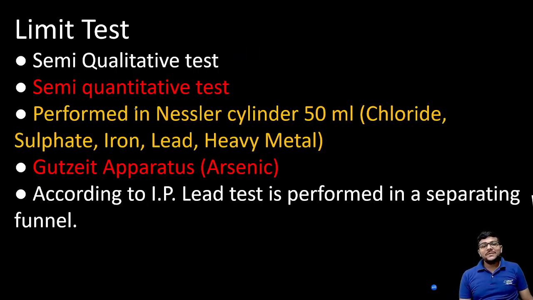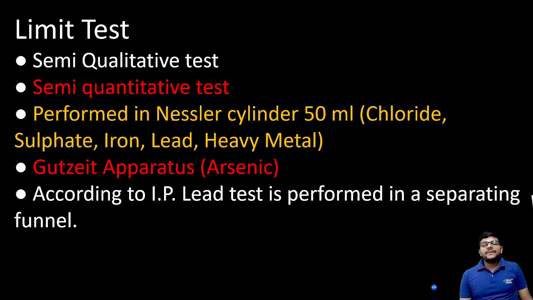Basically limit test is semi-qualitative and semi-quantitative. This means by the limit test we can identify which type of impurities is present in our given sample, either chloride, sulphate, iron, or lead, whatever impurity is present.